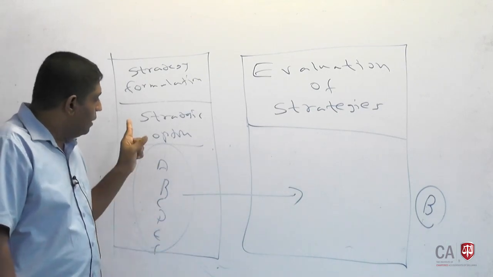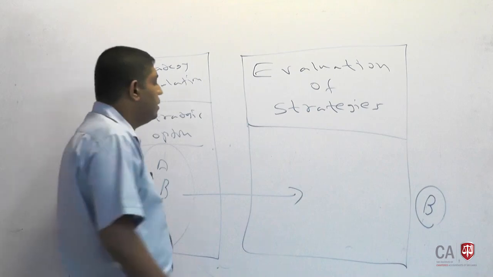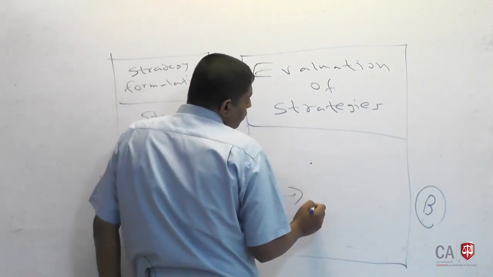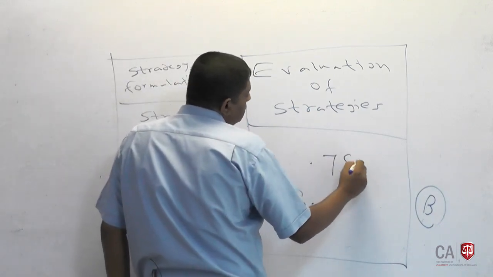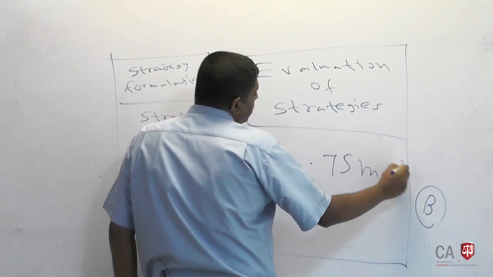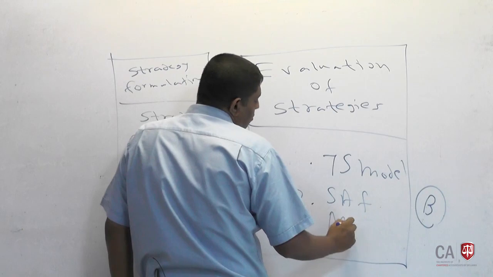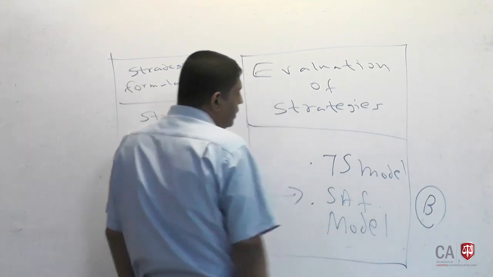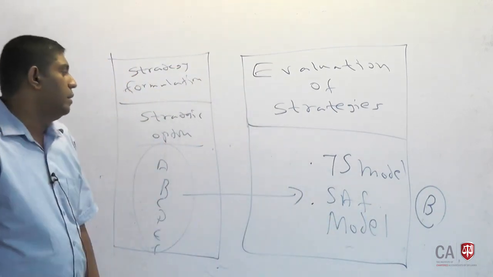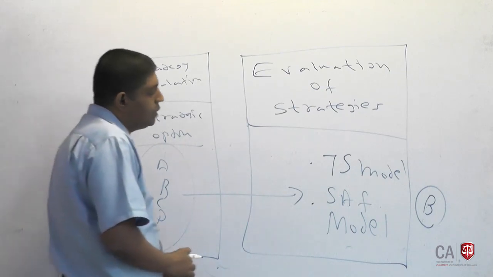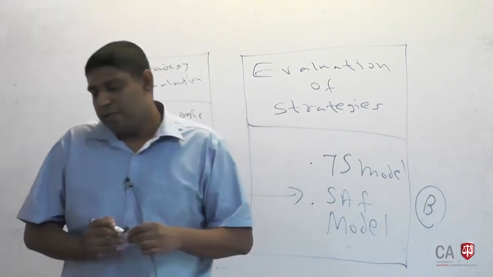To evaluate the strategies we can use two main tools, one is the 7S model, the other one is the SAF model. Two models have been given in the syllabus.